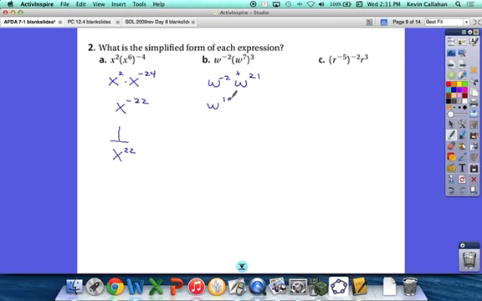That's w to the 19th. Okay, what about r to the negative 5th to the negative 2? What do you do with those two? What do you get when you do it? Positive 10. So now it's r to the 10th times r to the 3rd, which is r to the 13th.